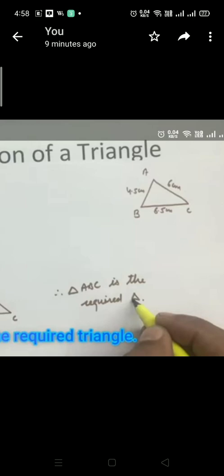Now if two sides are the same, for example, if AB and AC both were given 4.5 and BC was given 6.5, then such a triangle is called an isosceles triangle. And if all the sides are equal, like AB is 4.5, BC is 4.5 and AC is 4.5, then such a triangle is called an equilateral triangle.